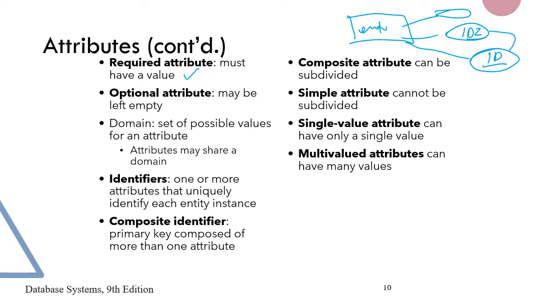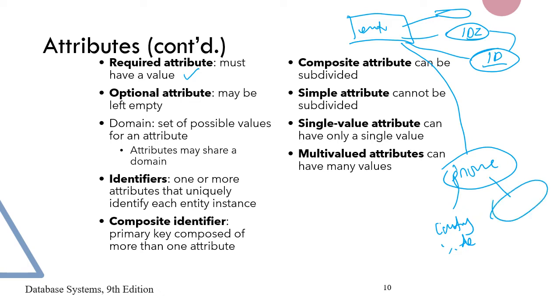Other features of the attributes: a composite attribute is one that can be subdivided. What's the example of subdividing? The phone number, telephone number, because we have a country code and also the phone number itself.